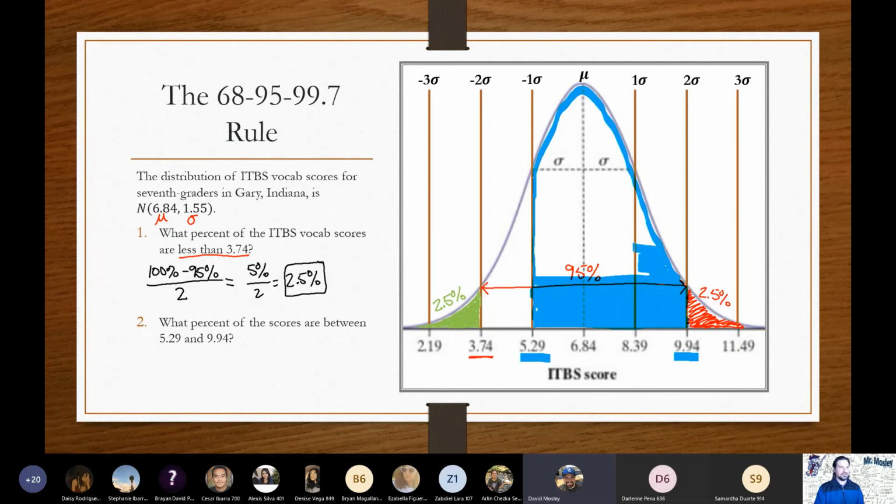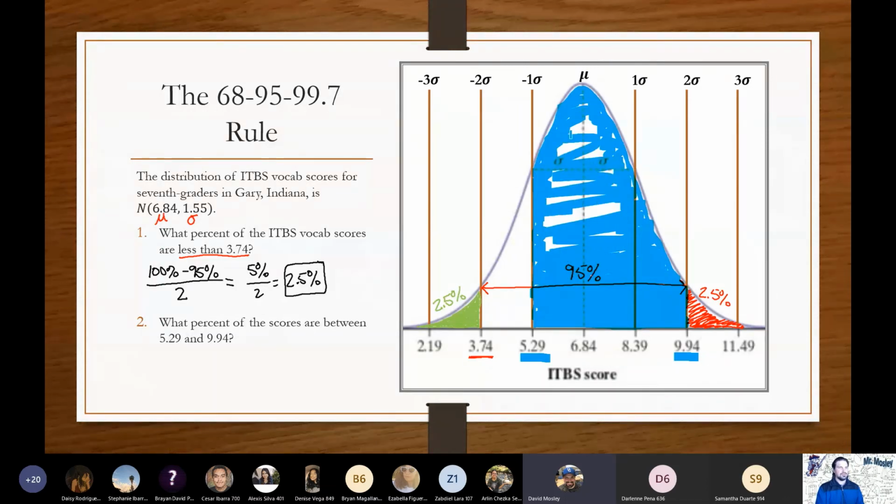Okay. So we're looking at this whole area under the curve. Does this area include all of that 95%? The answer is no, it doesn't.